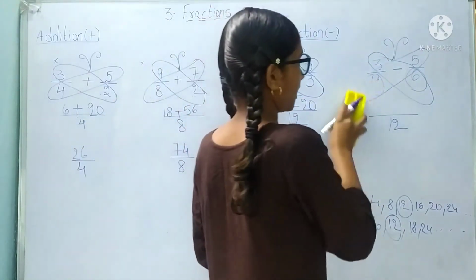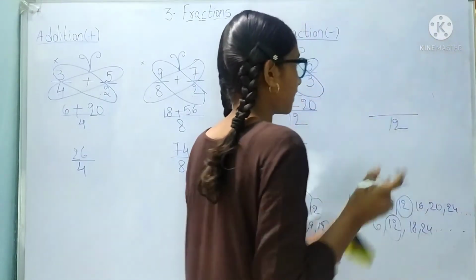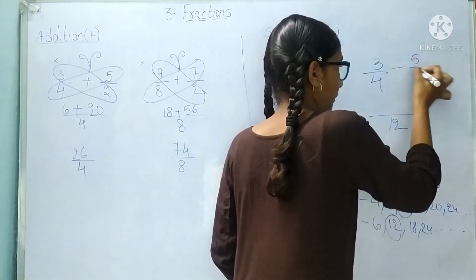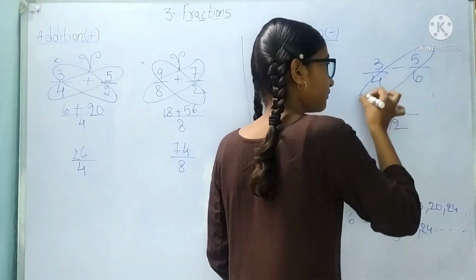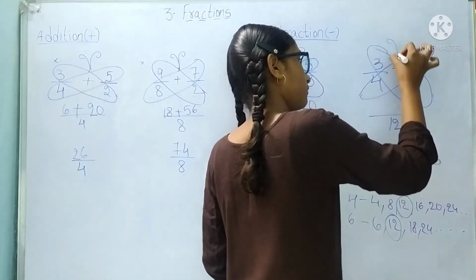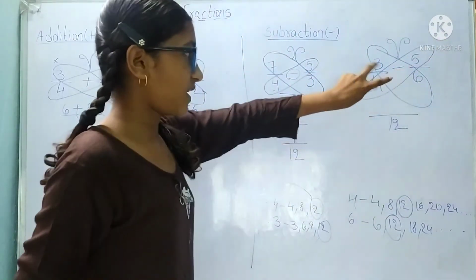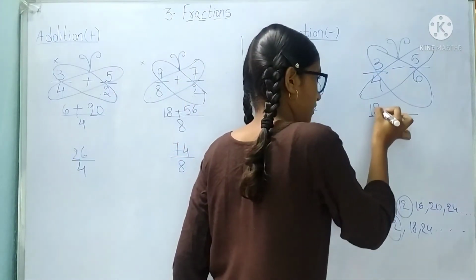Butterfly. So 3 into 6. Wait, here we got a confusion. Alright, once again: 3 by 4 minus 5 by 6. So here, first of all, 3 into 6. First multiply these 2. 3 into 6 means 18.